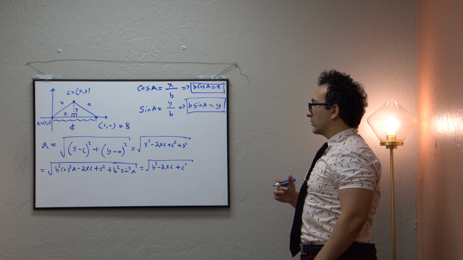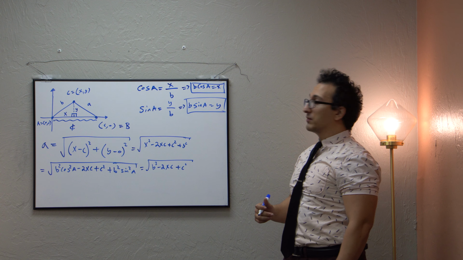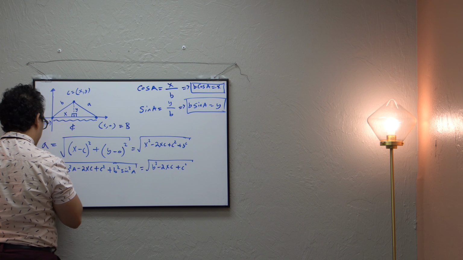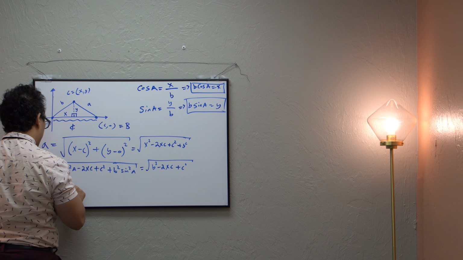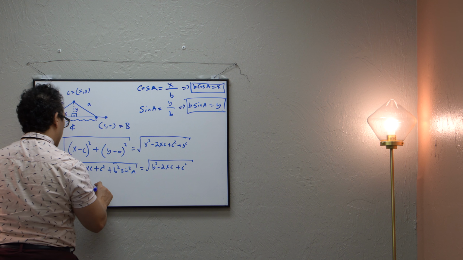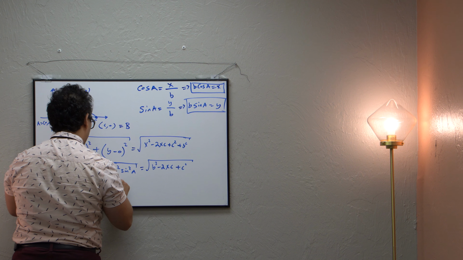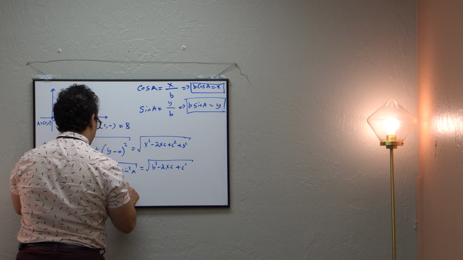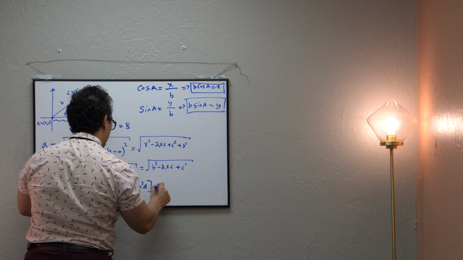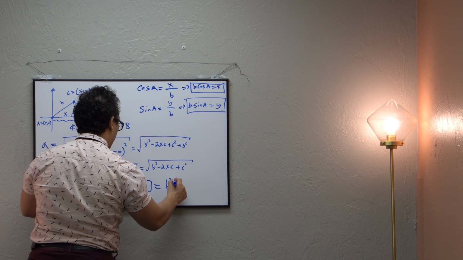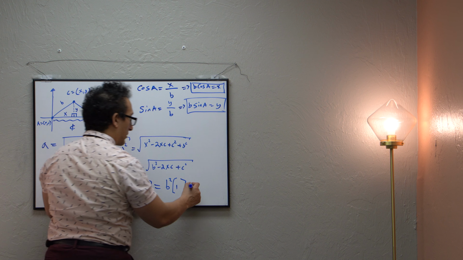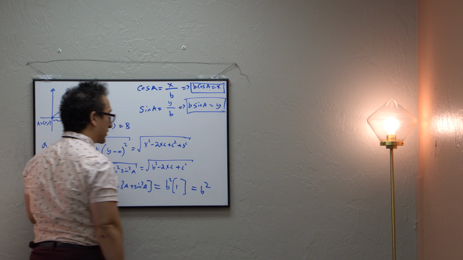In order to fill in the steps of what I said verbally just a second ago: b squared cosine squared a plus b squared sine squared a is the same thing as b squared, factoring out cosine squared a plus sine squared a. This is equal to 1 by the Pythagorean identity, and so I just get b squared as a result.